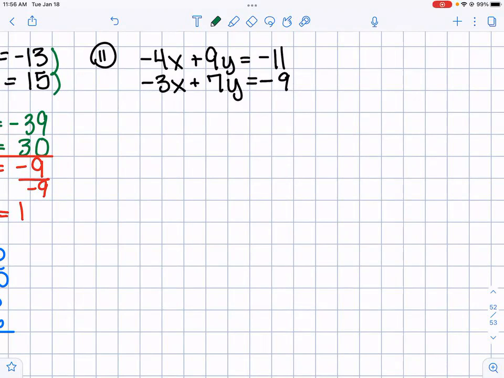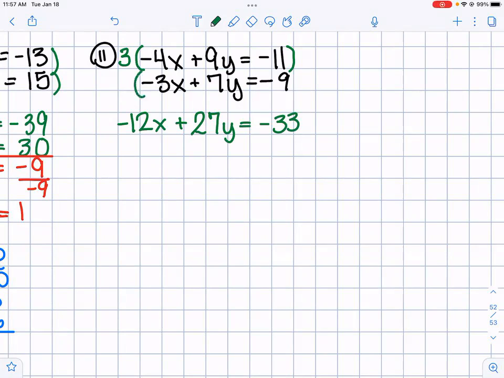Less math. So if I want them to match, what can 3 and 4 both go into? 12. So what do I have to multiply 4 by to get 12? 3. So I'm going to multiply that whole top equation by 3. 3 times negative 4 is negative 12x. 3 times 9 is 27y. And 3 times negative 11 is negative 33.